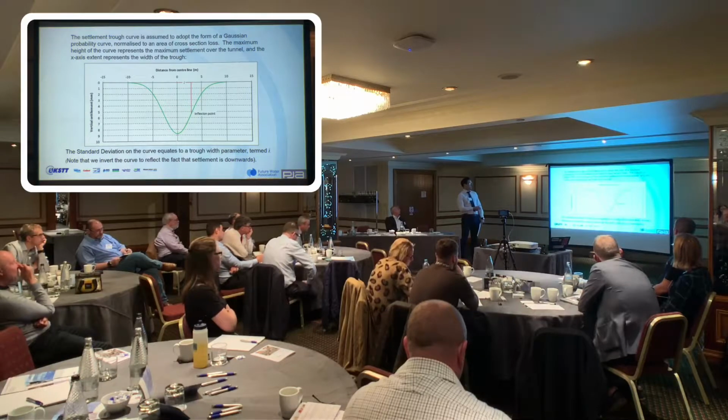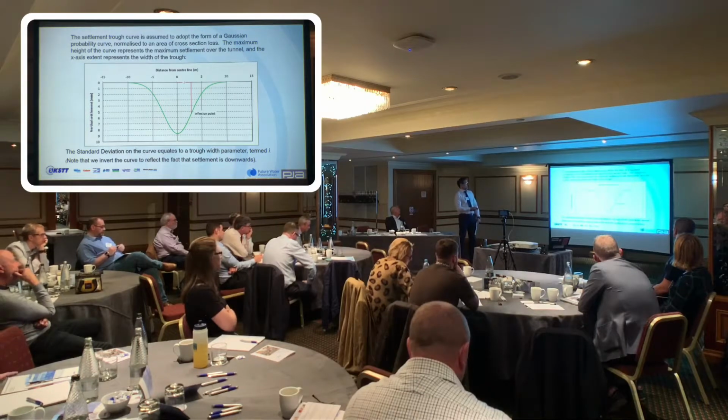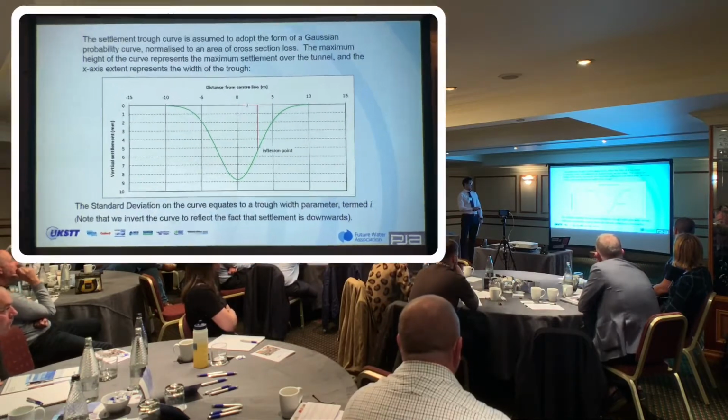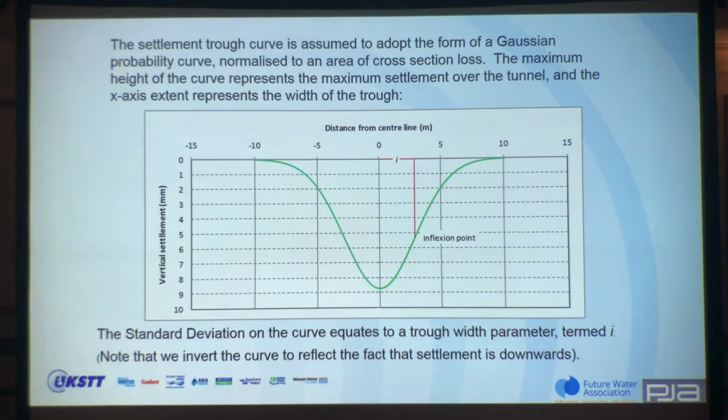I won't go into too much detail as to the actual mathematics of how we review this. Often we're asked to comply with a settlement requirement or a maximum settlement, or SMAX, by the authority the infrastructure is passing beneath, be it the Highways Agency, Highways England, Network Rail. Often that's around 20 millimetres.